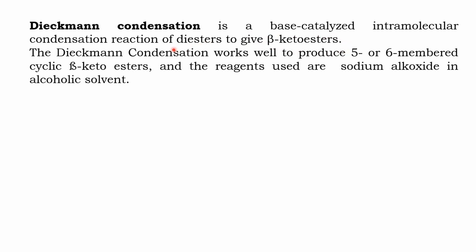So usually the diesters undergoing Dieckmann condensation reactions are alpha omega diesters. They undergo condensation to form cyclic beta ketoesters. And the reaction is good for 5 to 6 membered cyclic beta ketoesters. And usually the base used is sodium alkoxide.